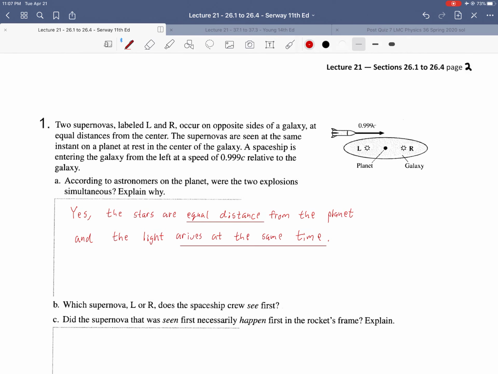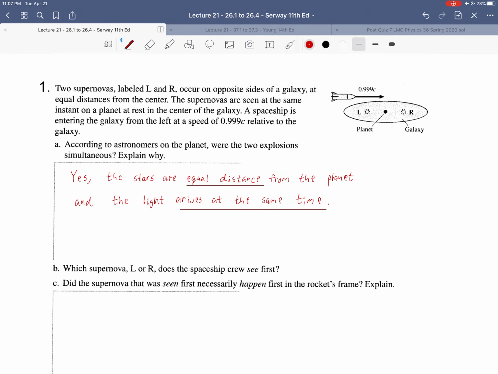I stress that because I don't want us to think that we just don't know where objects are and we're fooling ourselves into thinking something is simultaneous. Because that could be the case, couldn't it? Star L could just be further away. So you could say, oh no, the planet's wrong. No, the planet is right. The two events are simultaneous. They have enough information to say that with confidence.